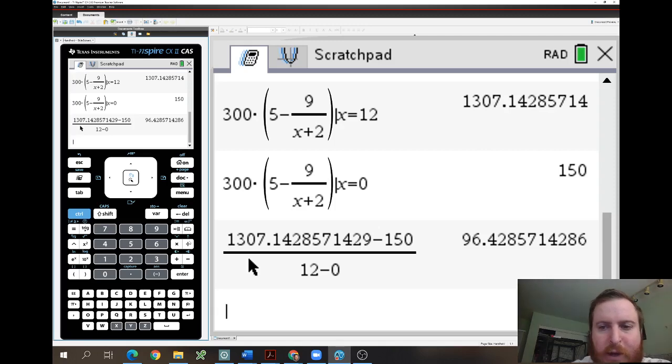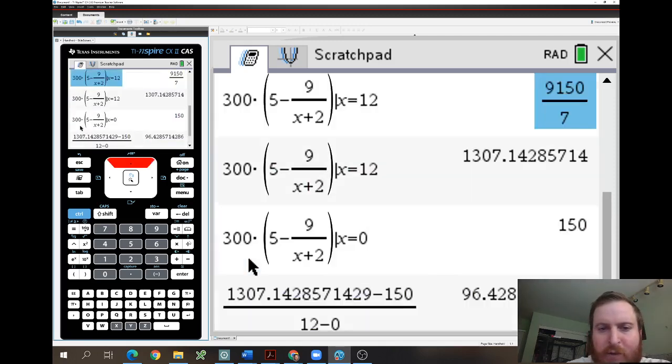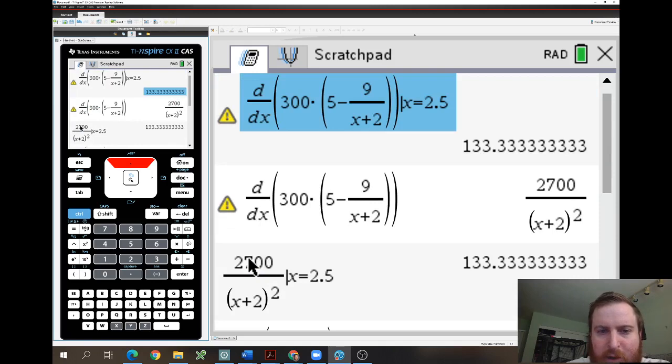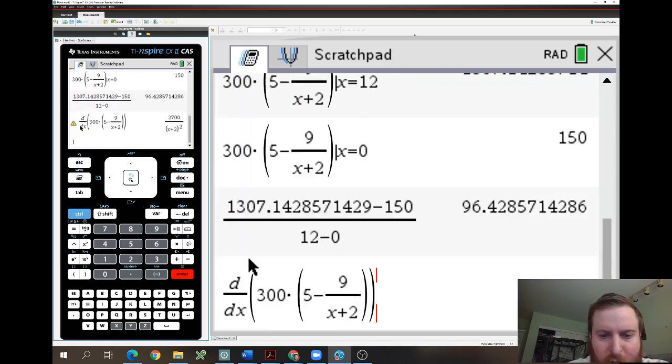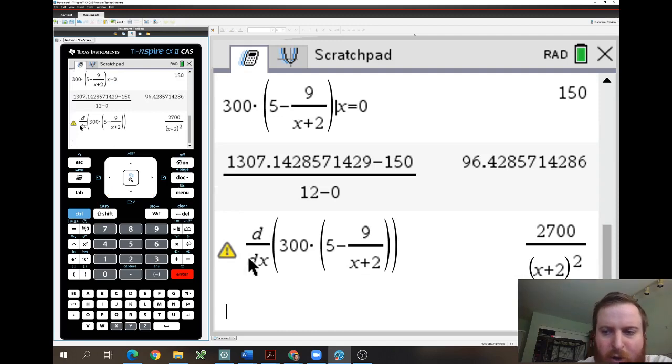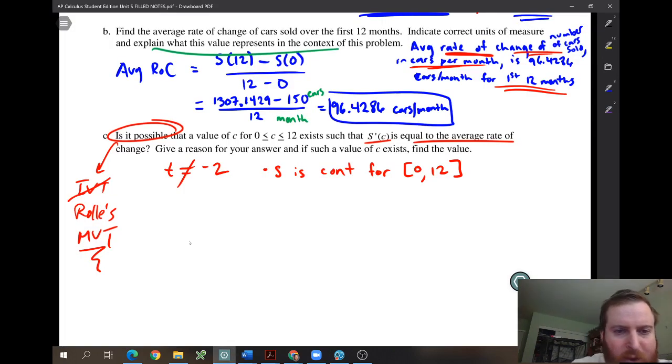We took the derivative up above, and we got that the derivative was, in this first line, 2700 over x plus 2 squared. So our derivative also can't be negative 2. I'm going to change the x's back to t's, so S prime of t is 2700 over t plus 2 squared.